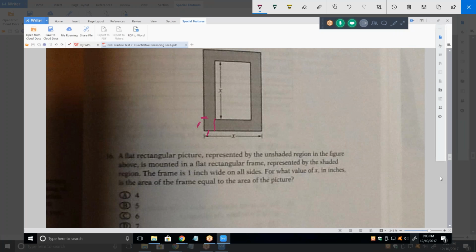Now, it's the area of the inside. Let's call it the inside rectangle. What's this measurement from here to here?